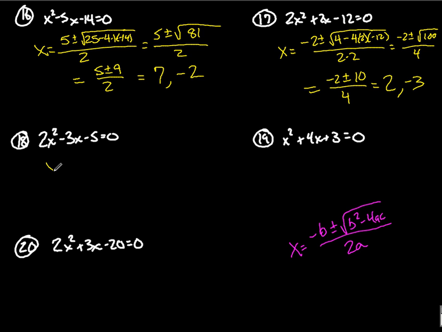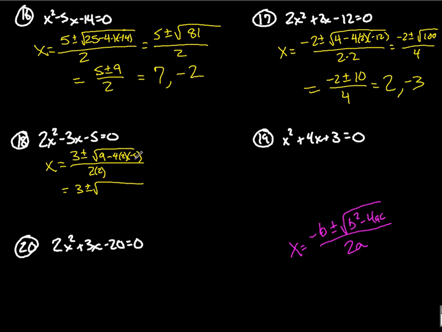Number 18 here, x will equal, again, negative b. Negative of negative 3 is a positive 3. Plus or minus the square root of b squared minus 4ac, all over 2a, all over 2 times 2 again. So what I'm going to have here, 3 plus or minus, I have 8 times 5, which is a 40.